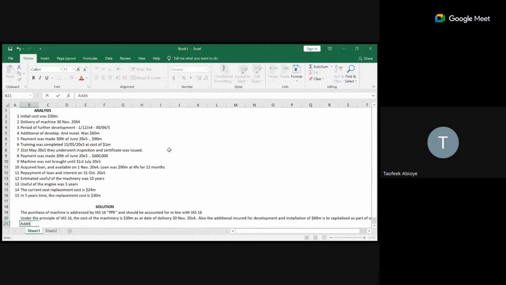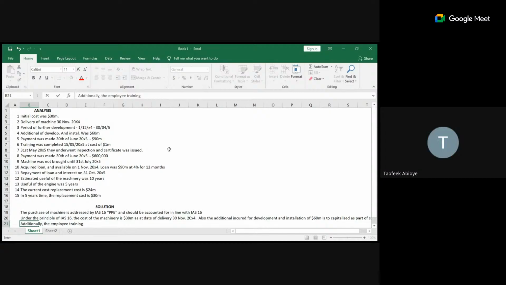Additionally, the employee training costs. The employee training costs of how much? How much is the training cost? 1 million.